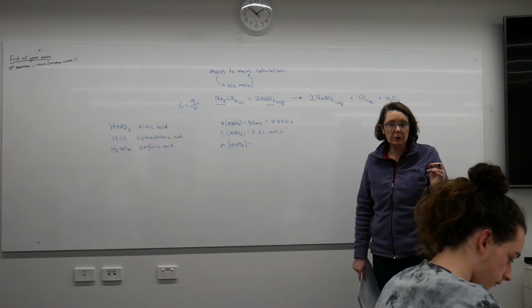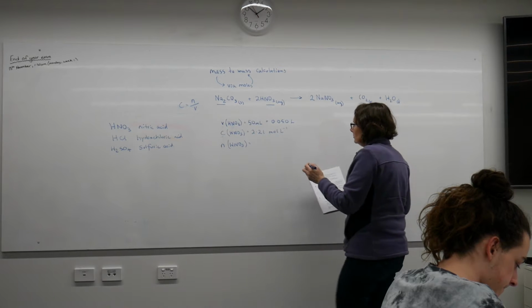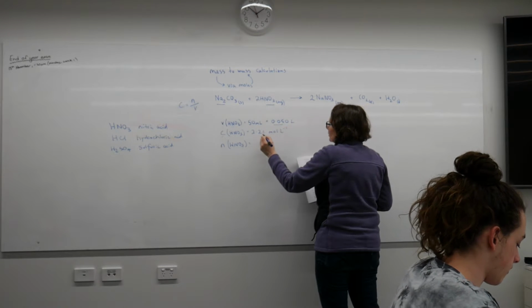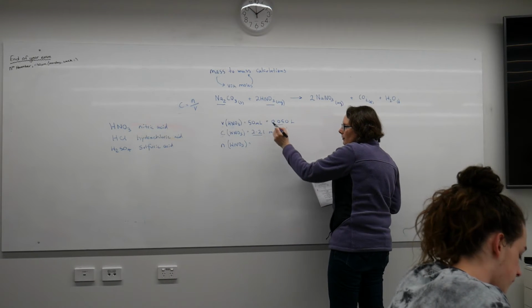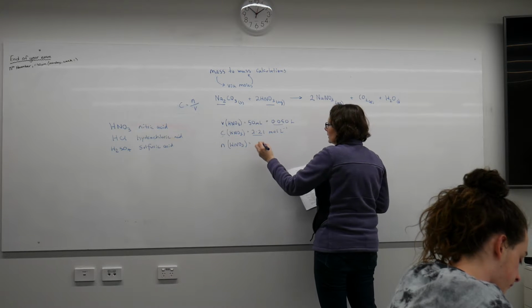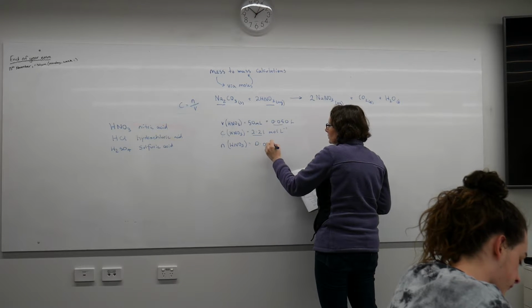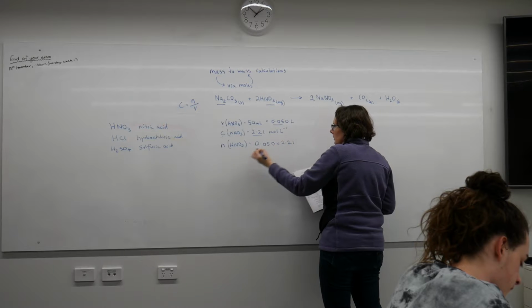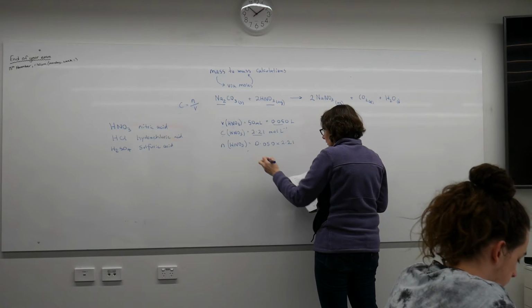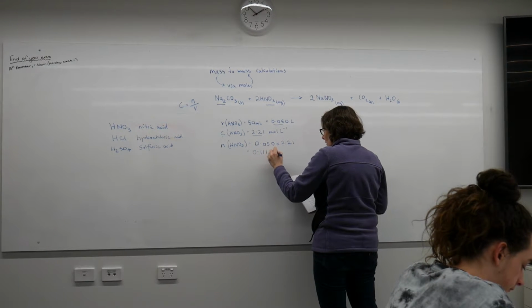If you're not sure what to do, find moles. Remember to multiply by our volume in litres. So it's going to be 0.050 times 2.21 gives us 0.111 moles.